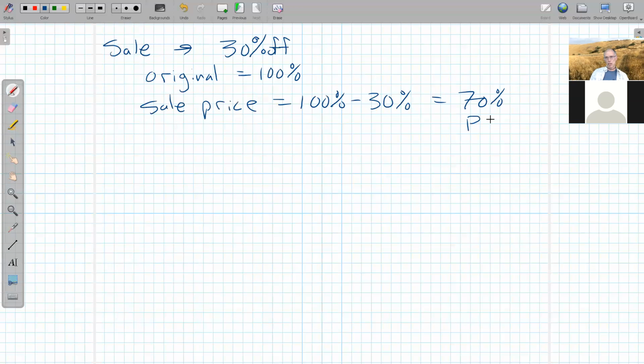And so this is what we pay, right? That remaining portion. With percent increase and decrease, it's super important that we have a base of 100% to work with.